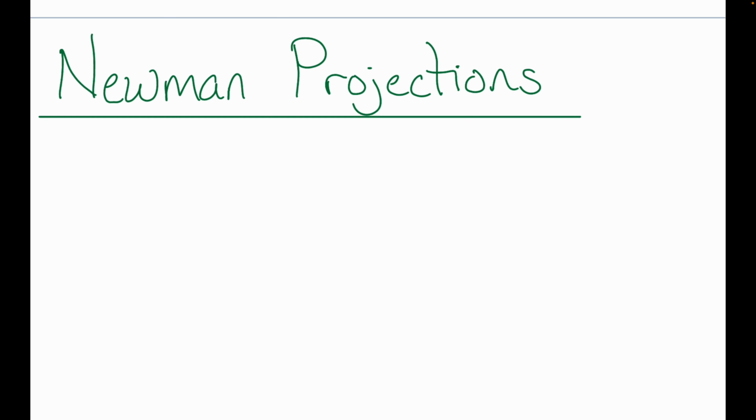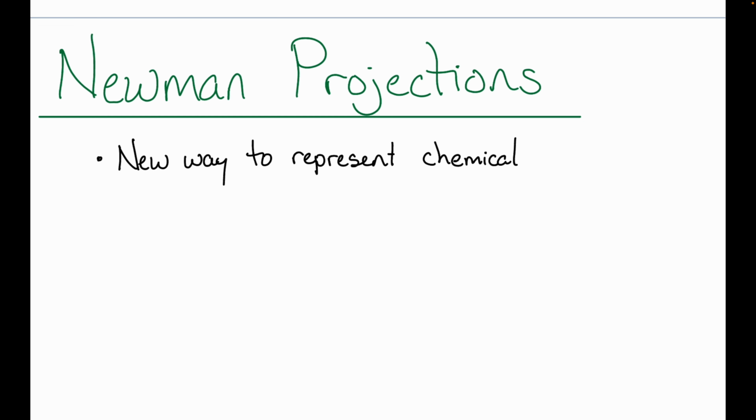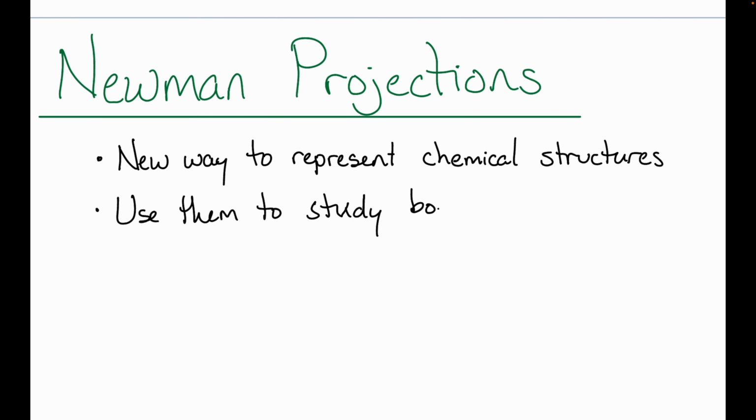These Newman projections are a new way to represent chemical structures, and we're going to use them to study bond rotations.